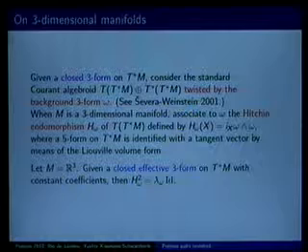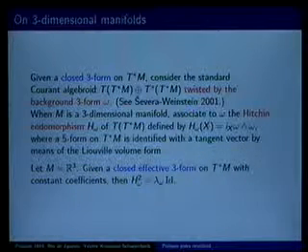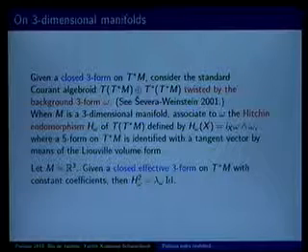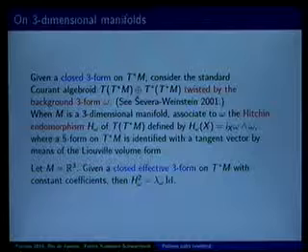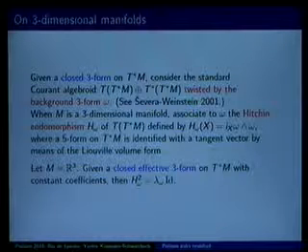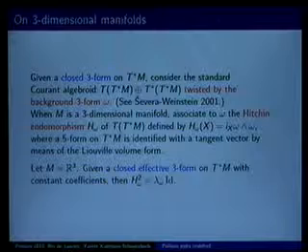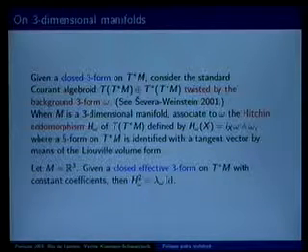Well, given a closed three-form on T star M, you first consider the standard Courant algebroid of T star M, which is T of T star M plus T star of T star M, equipped with either the Courant bracket or the non-skew-symmetric bracket, which I call the Dorfman bracket.